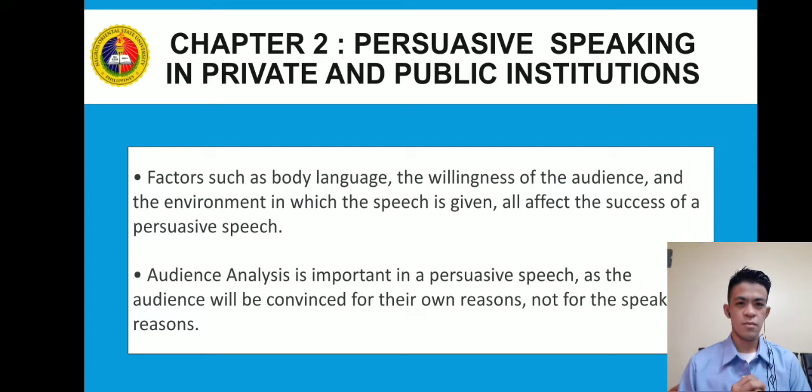As a speaker, it is very important to check the environment first, what the audience needs, and what the audience wants in their life. Next is the audience analysis. It's important in a persuasive speech, as the audience will be convinced for their own reasons, not for the speaker's reasons, which is very true.